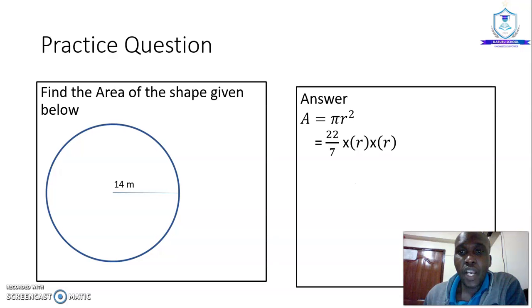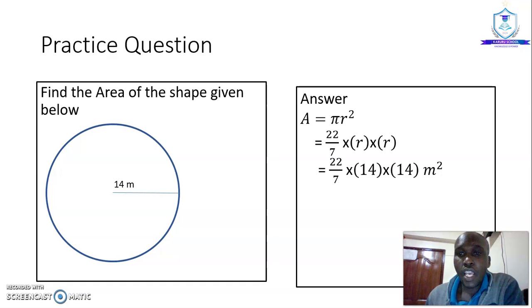The value of pi is equal to 22/7, multiplied by radius multiplied by radius. Substituting in the values, we have 22/7 multiplied by 14 multiplied by 14, and the units in this case are meters squared.